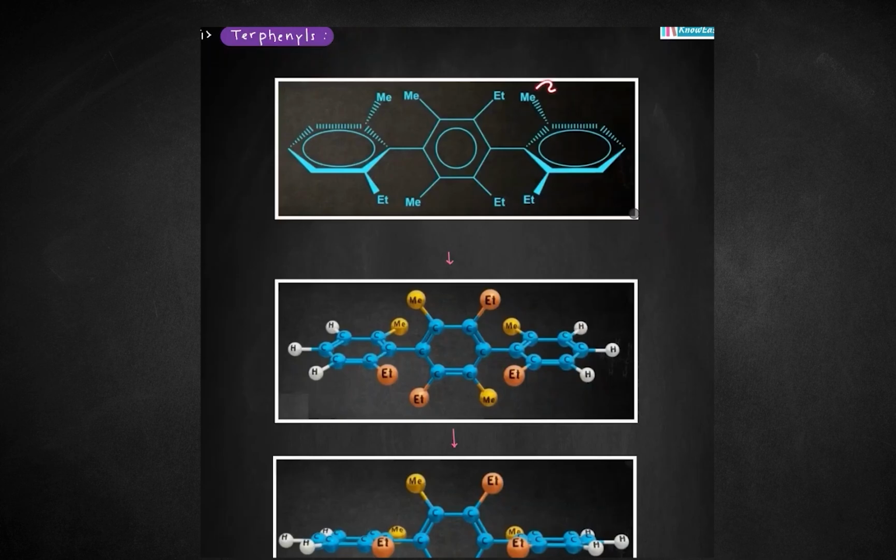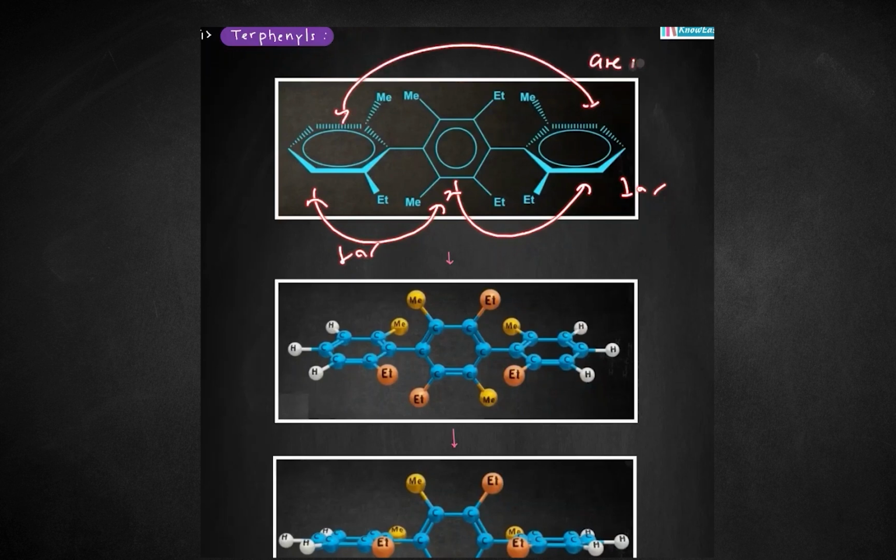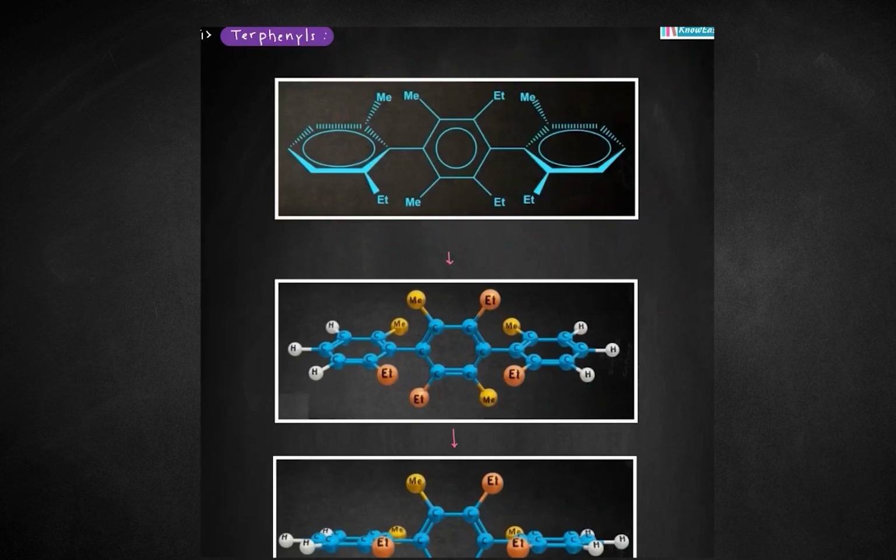See, because Me and ethyl are bulky groups here, there is steric hindrance. This is a bulky group, steric hindrance, bulky group, steric hindrance, bulky group, steric hindrance. So this will rotate, this will rotate; this and this ring will be perpendicular, this and this ring will be perpendicular, but this and this ring are in the same plane. Clear? And you can see this in this image.